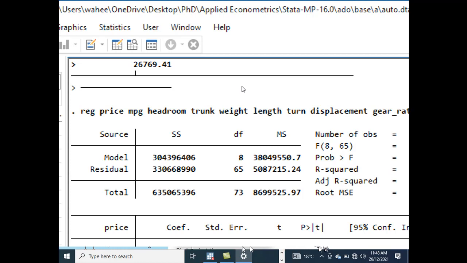But because we want to determine whether this fitted model tells us something about the dependent variable or not, the answer is given by the F test, and it is telling you that yes, it does. So after you get a significant result here, you then come down and look at the remaining results.